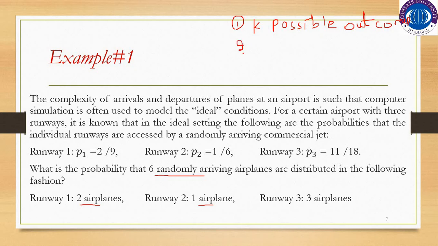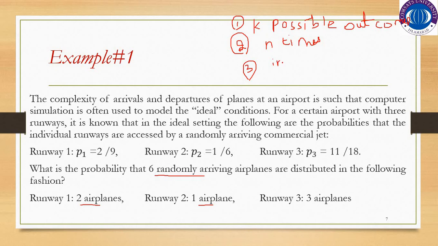The second property is that the experiment is performed n times, or a fixed number of times. Here we have a total of 6 randomly arriving airplanes, so the second property is also fulfilled here. And the third property is that each successive trial is independent.